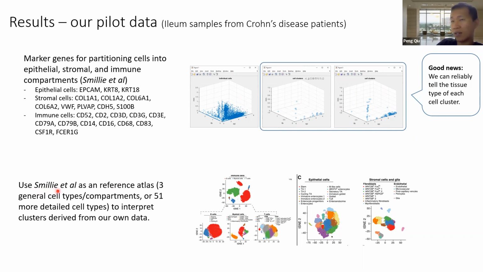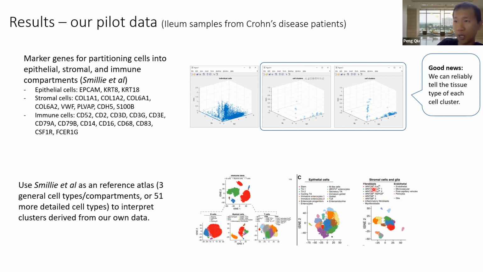This data set has a fairly large number of cells, and these cells were annotated according to the three tissue compartments, again, epithelial, immune, and fibroblasts. Also these cells are annotated into 51 more detailed cell types as listed here.